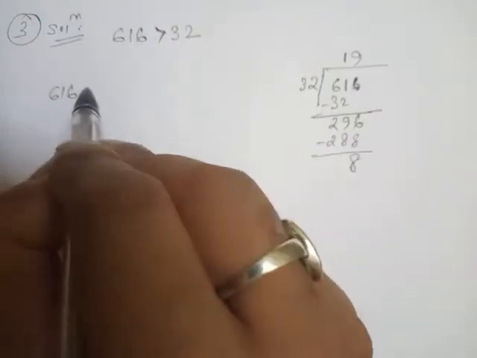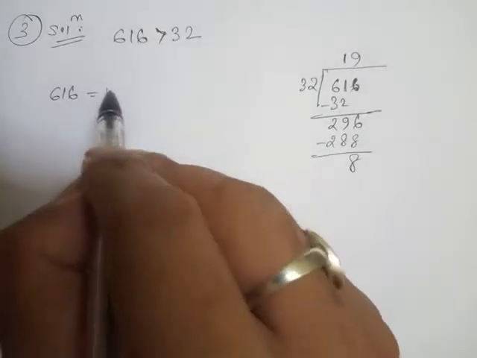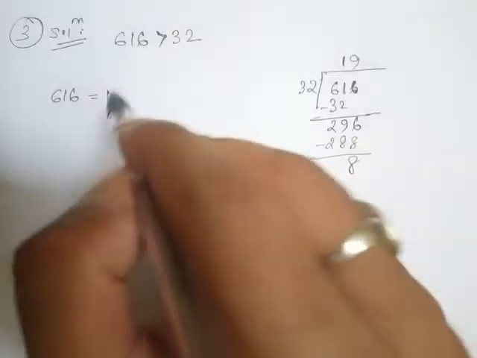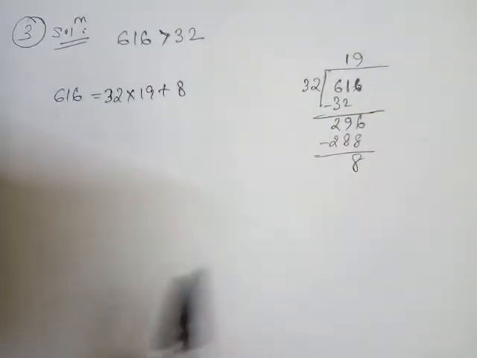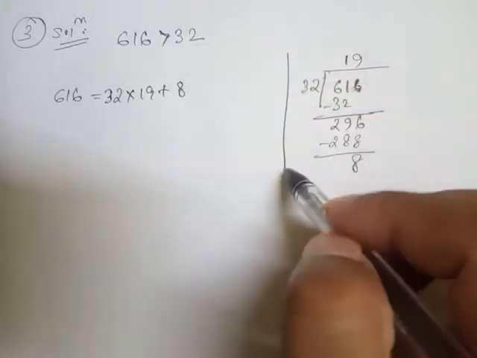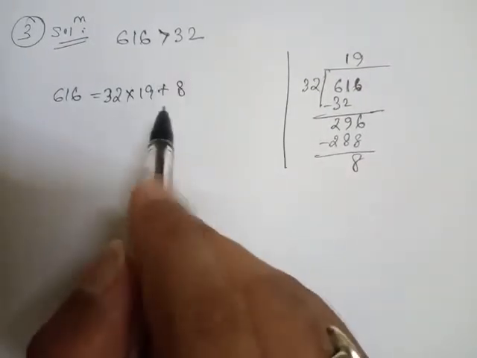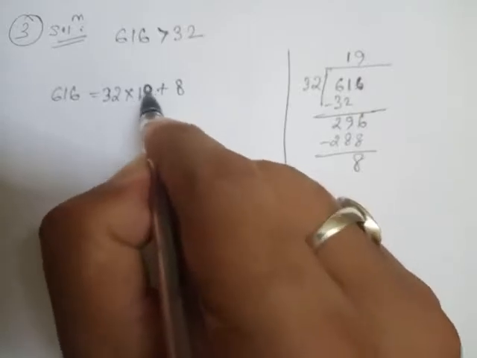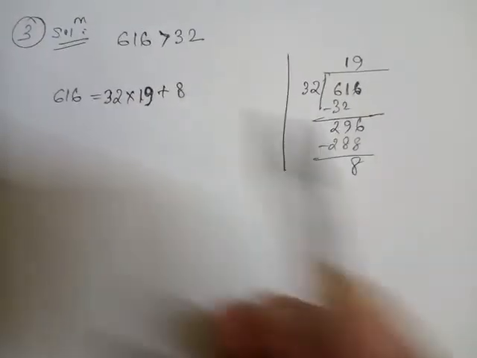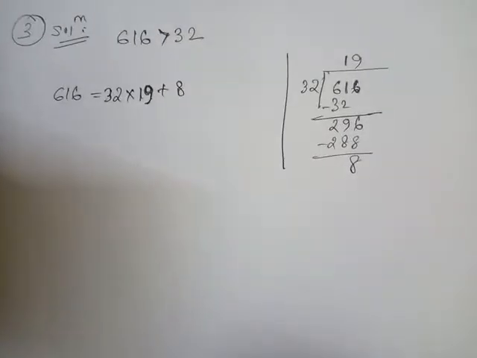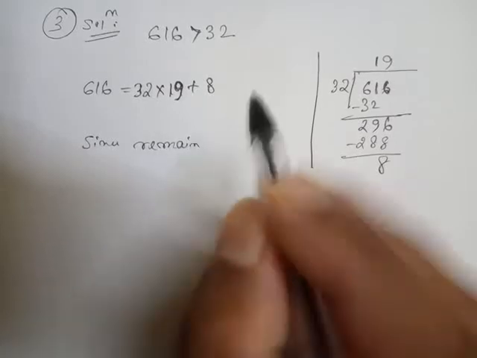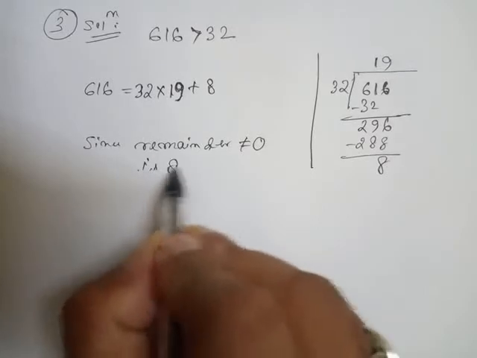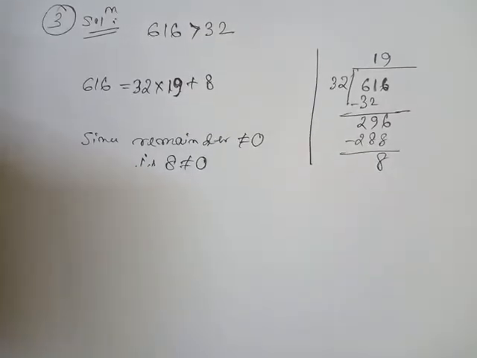So here I will write that 616 equals 32 into 19 plus 8. 32 is the divisor, 8 is the remainder. One more thing, student, you must remember that in question number 1.1 I have taken that since remainder is not equal to 0, so here also I'll write the same thing: since remainder is not equal to 0, that is 8 is not equal to 0, so we'll go for further division.